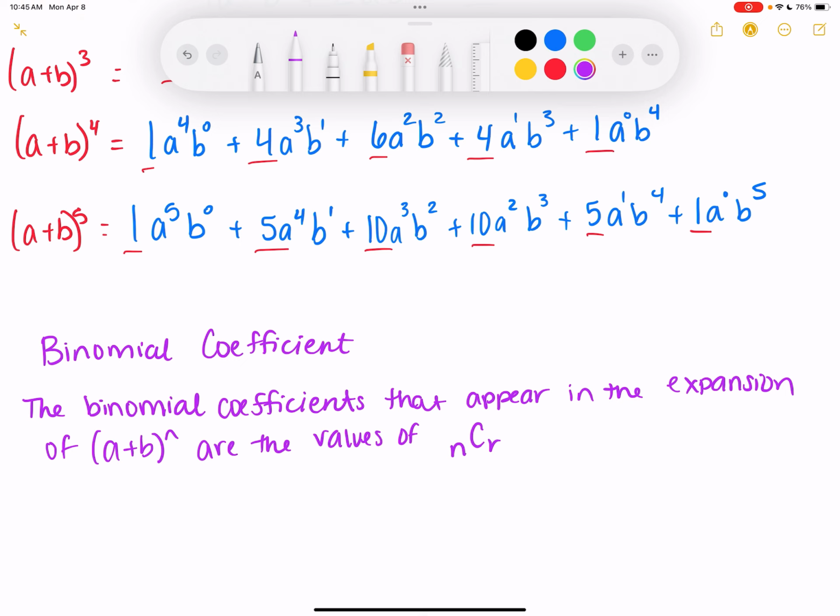So Josh, you've seen this before, nCr. For r equal to 0, 1, 2, etc., all the way out to n.